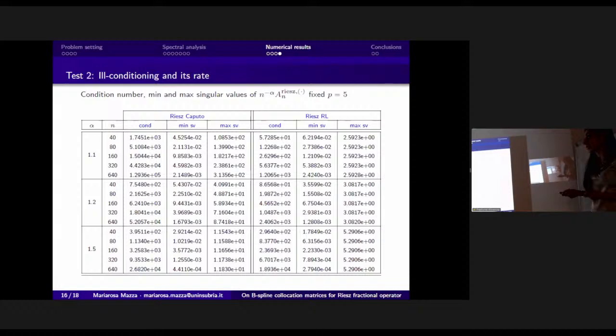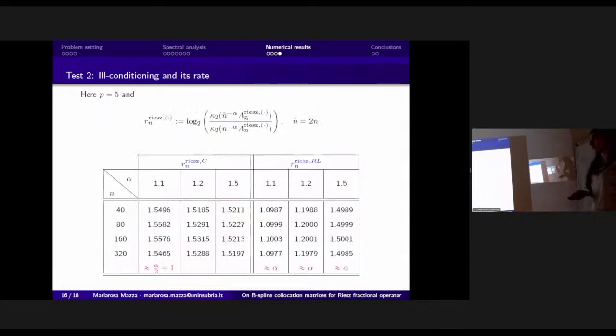This especially, as expected again, when alpha is close to 1. And by comparing this column with this one, we can convince ourselves that this worse conditioning is due to the largest singular value.